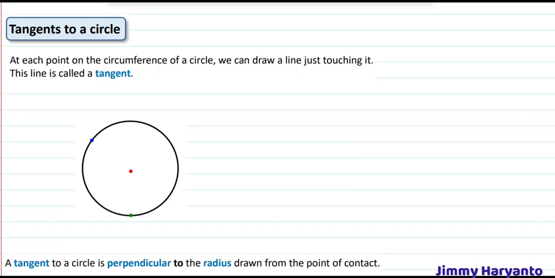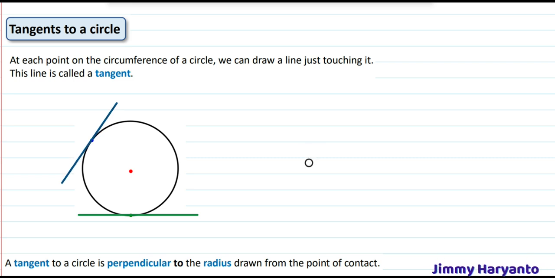And then next is tangent to a circle. At each point on the circumference of a circle, we can draw a line just touching it. This line is called a tangent. So if you have a point right there, we can create a line which only touches the point. And if you have a point like this, you can draw the line like this, only touching the point.